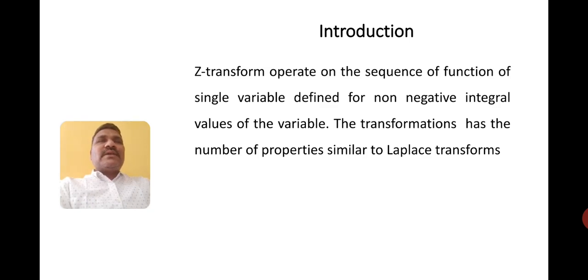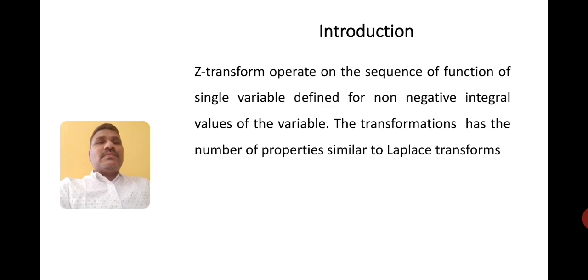Whereas if you see a continuous function, if you imagine the sine function, that is nothing but a continuous function, right? So the Z transform is applied for a discrete function, and that too on an infinite summation. So let me try to introduce this Z transform.